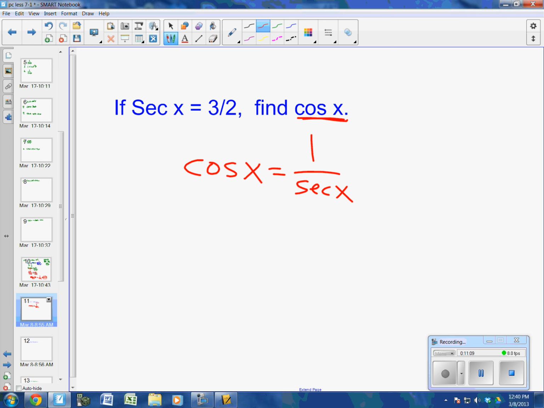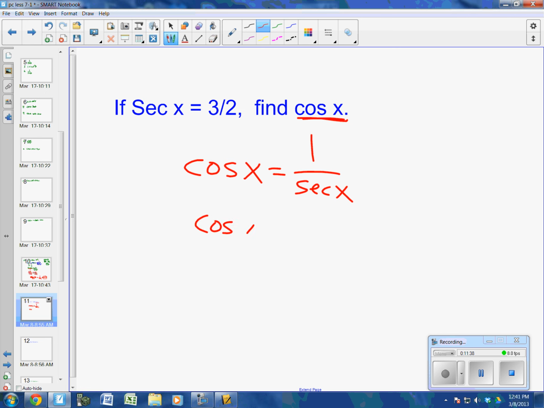Then what can we do right here, Sean? Well, it says secant is 3/2. So we can make that substitution, couldn't we? I know what you're thinking. You're on the right track. You're just a step ahead. Well, secant of x is equal to 3/2, so we can replace this secant right here with 3/2.